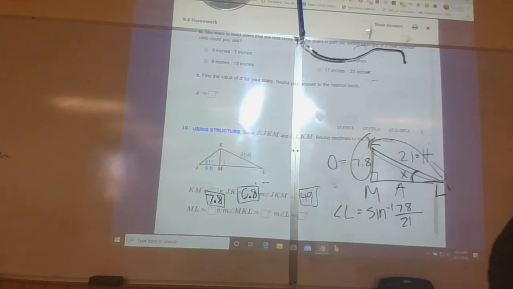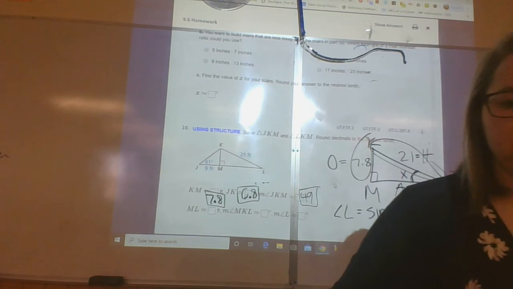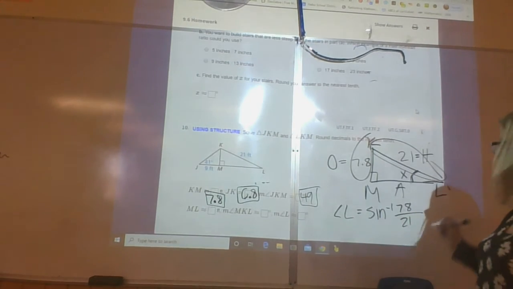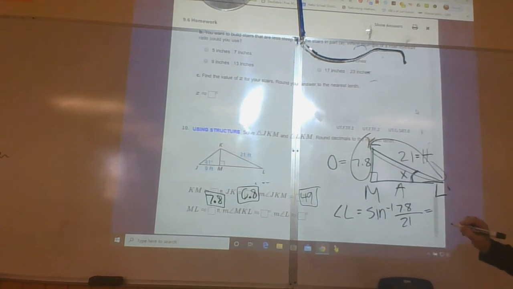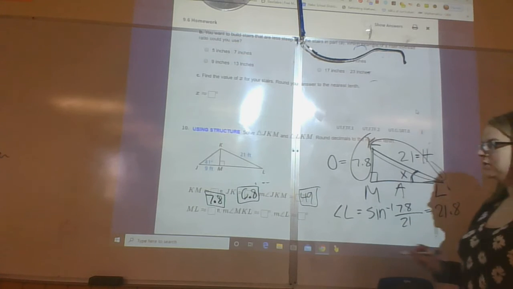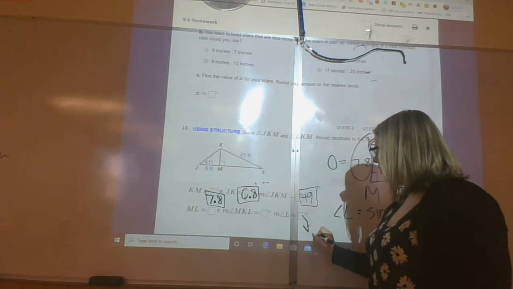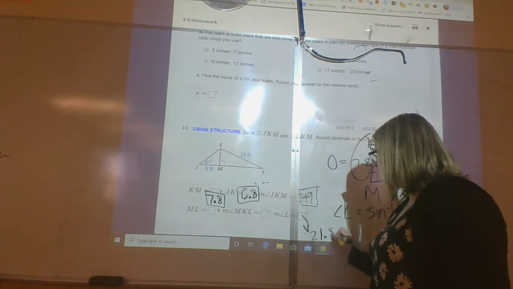So I'm going to stick that in my calculator. After you put this in your calculator, you should get 21.8. So I'm going to write it over here. Here, angle L is 21.8.